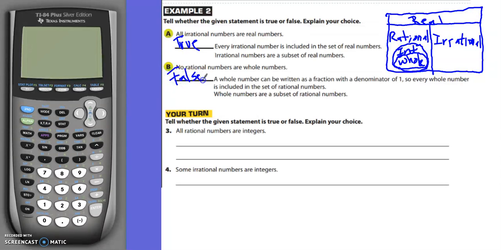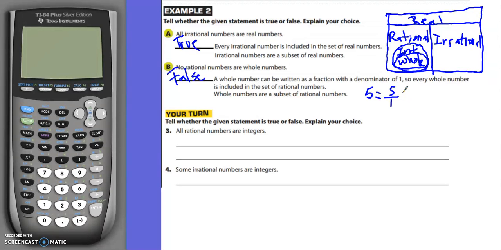Because, for example, if I have something like this, 5 can be 5 over 1, which is a whole number, it's an integer, it's a rational, and it's a real. So a whole number can be written as a fraction with a denominator 1, so every whole number is included in the set of rational numbers. Whole numbers are a subset of rational numbers.